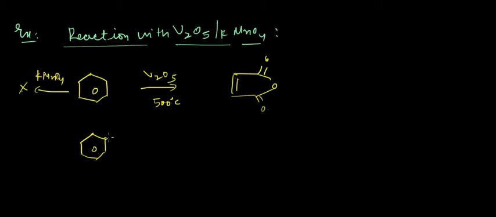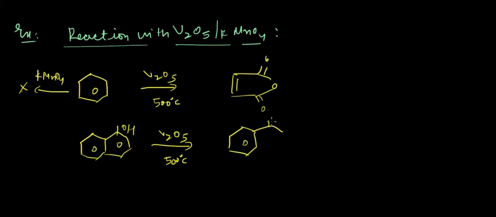Secondly, if we react this compound again with V2O5 at 500 degrees Celsius, we will get something like this product. Okay, and again anhydride, and when we react with KMnO4, we get something like 2 dicarboxylic acids.